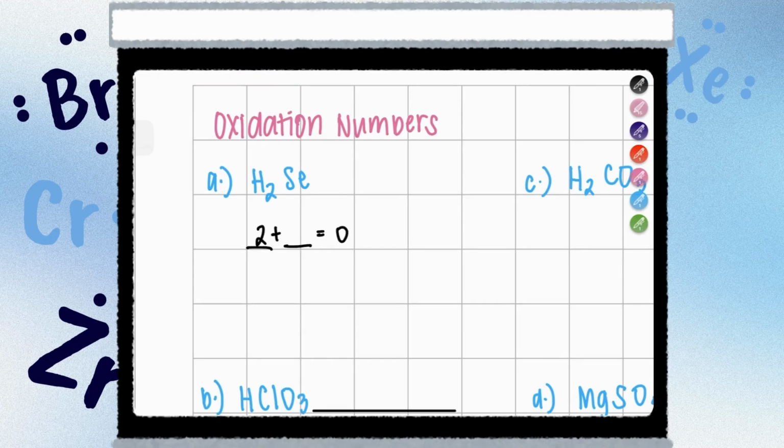This became positive 2 since hydrogen's oxidation number is positive 1 when we refer to the periodic table. So 1 times 2 is positive 2. Therefore, we are looking for selenium. So our x will be negative 2 since 2 minus 2 will equal to 0.